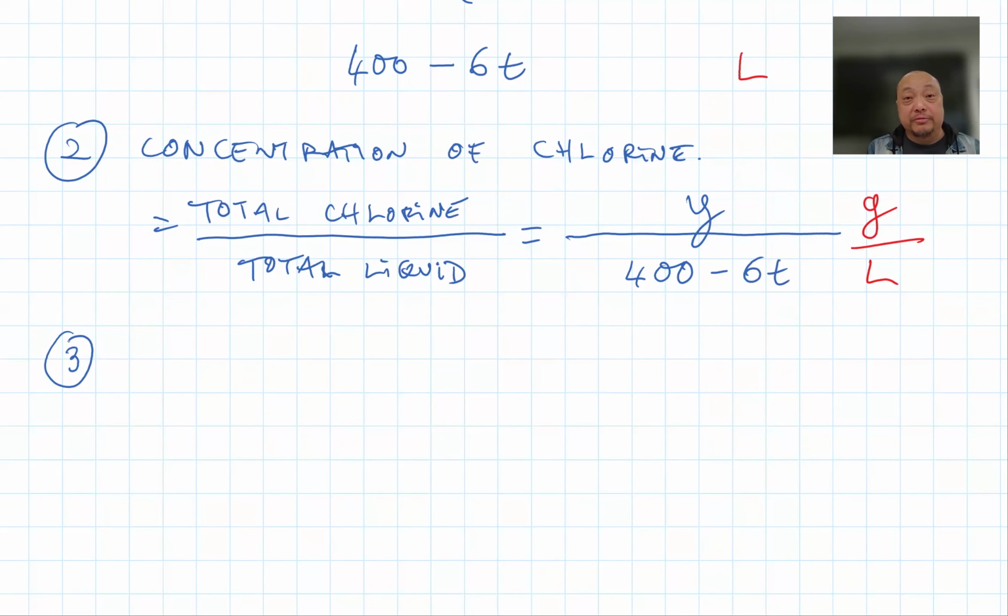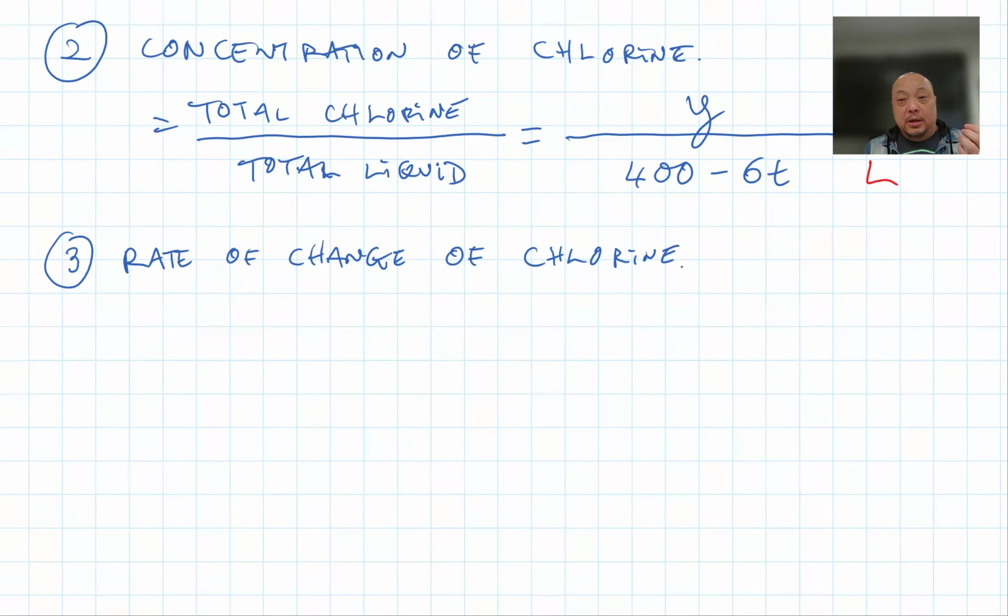Step 3, we're going to find the rate of change of the chlorine, which is the rate of change of Y, basically. For these flow in, flow out problems, and as you go on in your career, you may find more complicated problems, like water goes into one bucket, goes out and goes into a second bucket, and it goes into a third bucket, etc. But all of them are pretty simple.